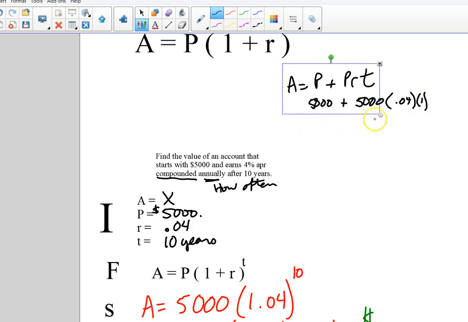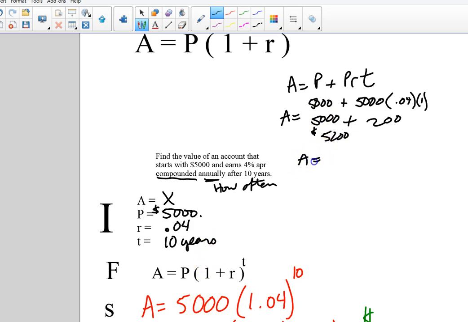That is 200. So in the first year, if I figured out the interest at the end of the first year and added it on, my principal and interest would be $5,200.